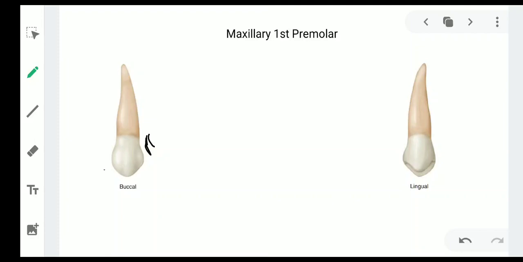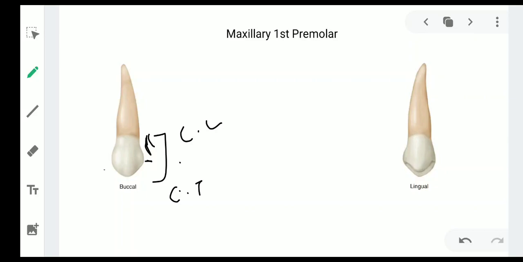The contact area on the mesial side is here. You can see this is somewhat halfway between the cervical line and the cusp tip, but it is towards the occlusal side.